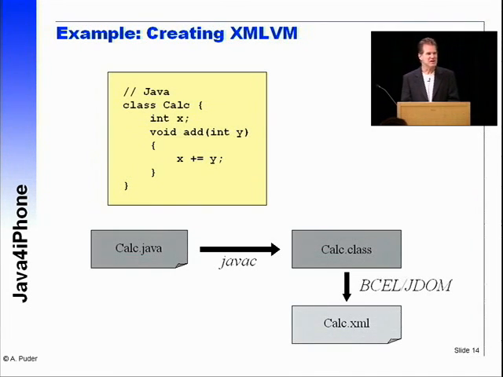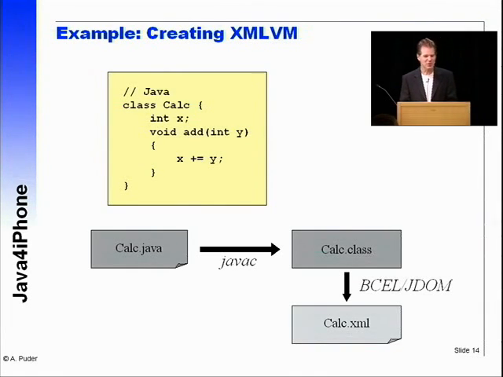Now, our toolchain, the first thing it does is it takes the class file of this class. So first you run it through a regular Java compiler. Take the Eclipse compiler, take the Sun JDK compiler, and you end up with a class file. Now that is the thing that we feed into our toolchain.